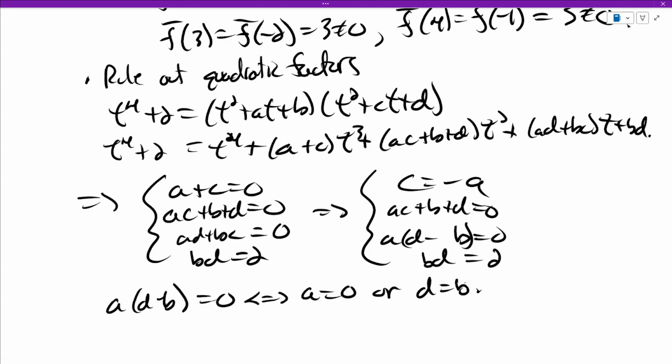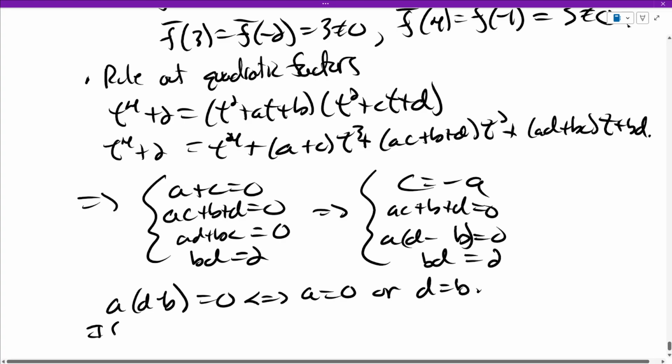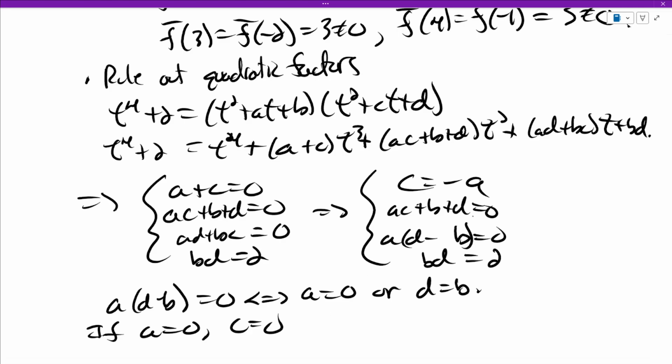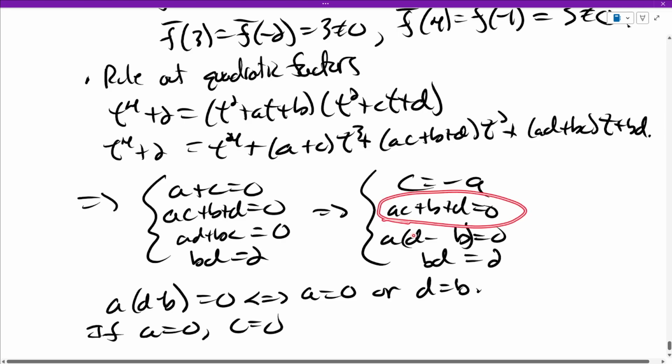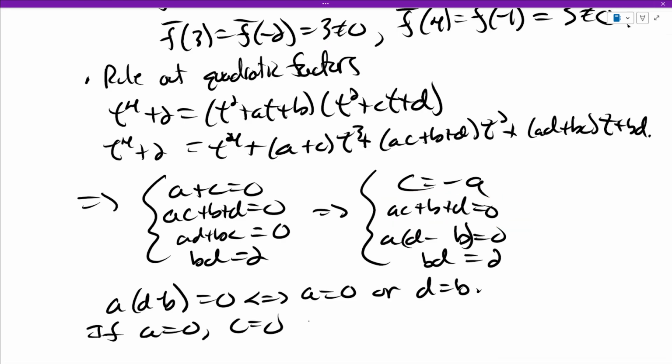But in the first situation, c also has to be 0. And therefore, if we look at the second equation, a and c are both 0 there.